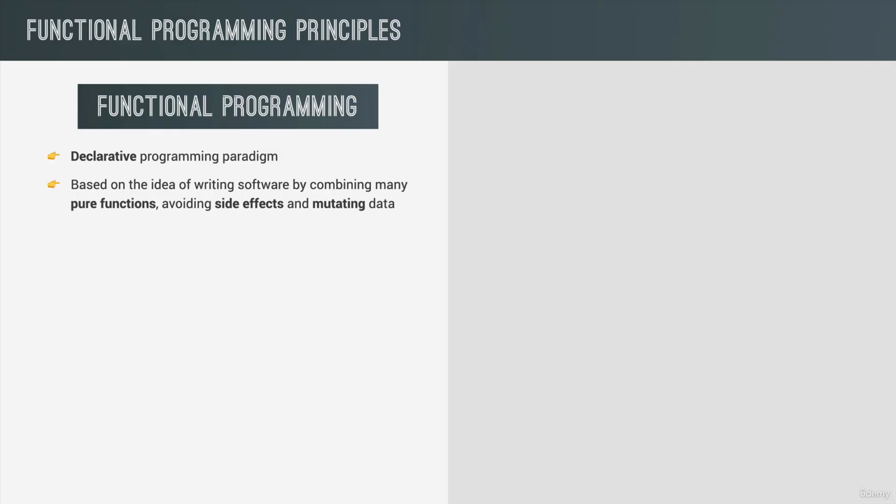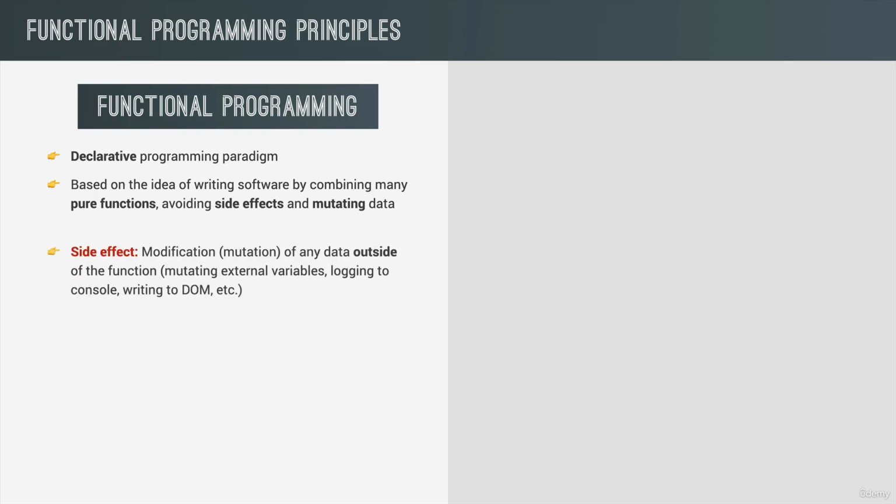And in fact, we have even been using it all along, but without really knowing that this style was called declarative and functional. All right, but let's quickly go back to the definition of functional programming and talk about what side effects and pure functions are. So, a side effect is basically simply a modification of any data that's outside of a function.